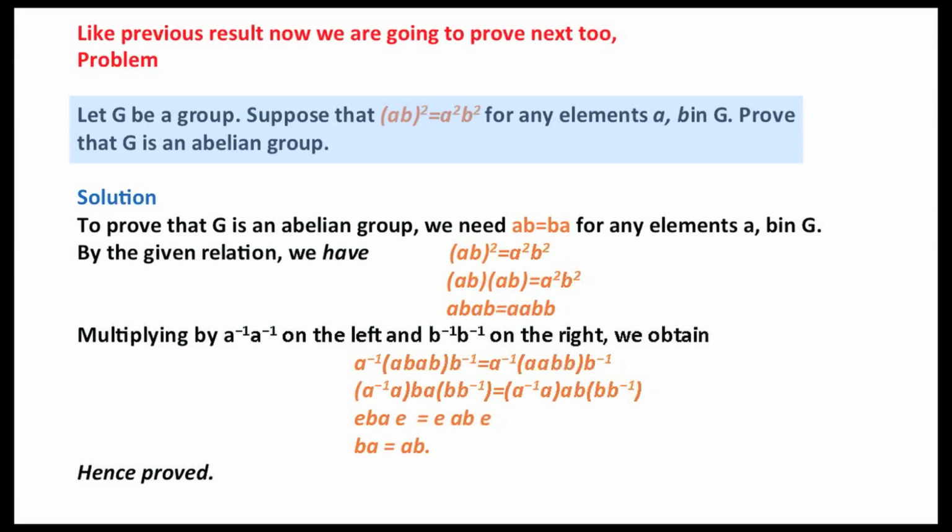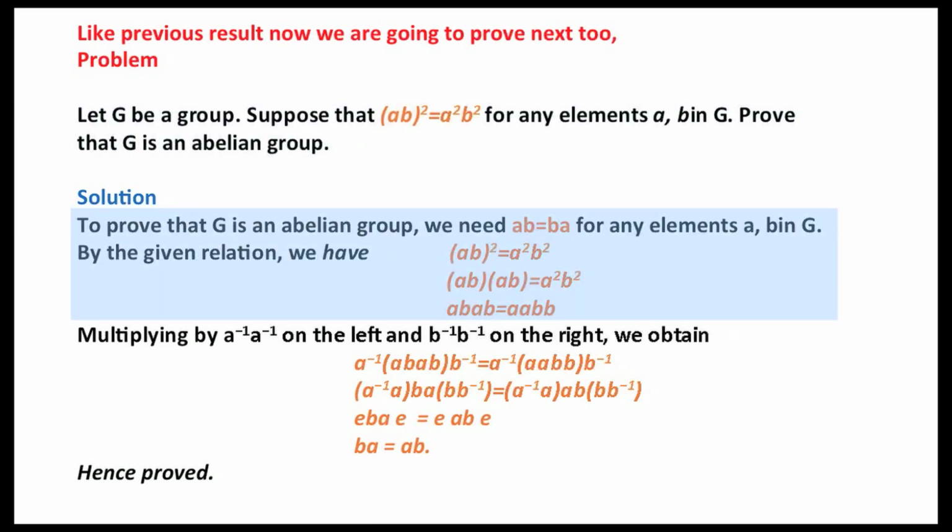Let G be a group. Suppose that (ab)² = a²b² for any elements a, b in G. Prove that G is an Abelian group. Solution.